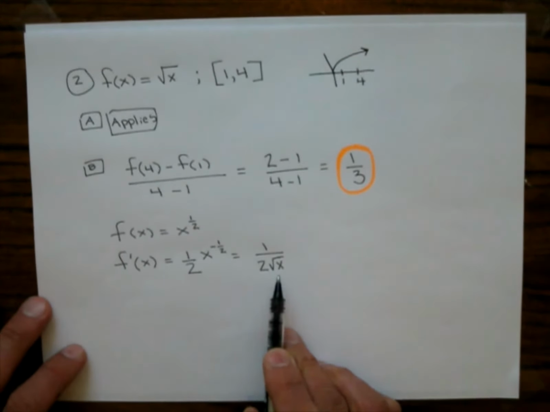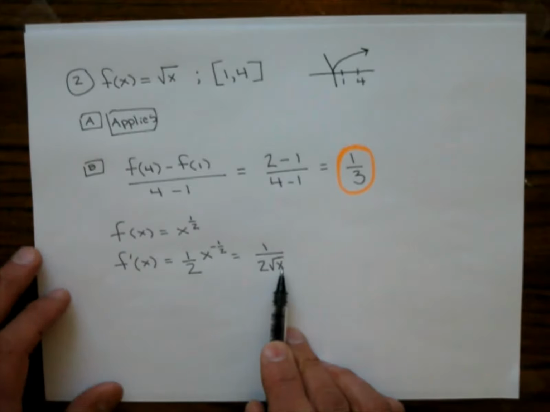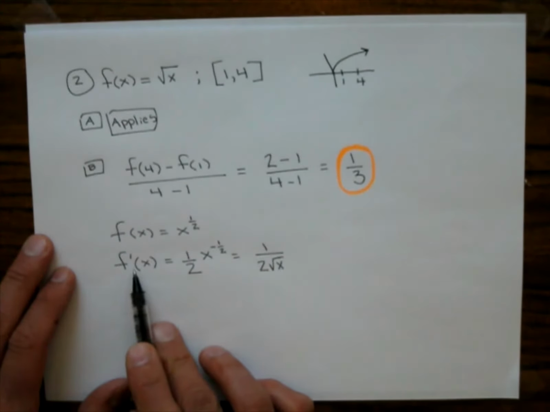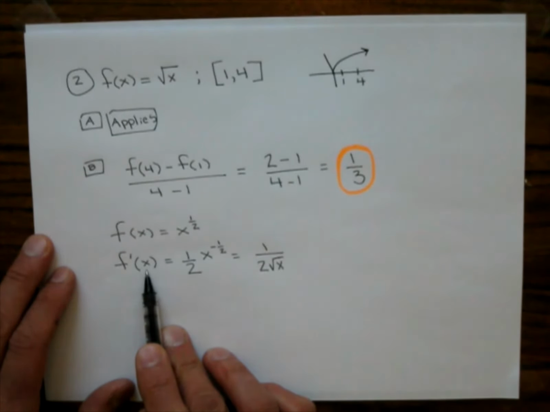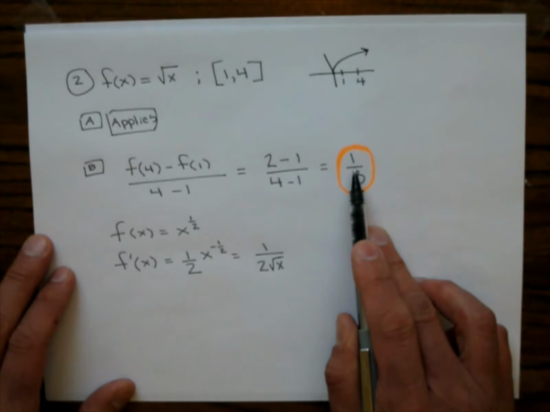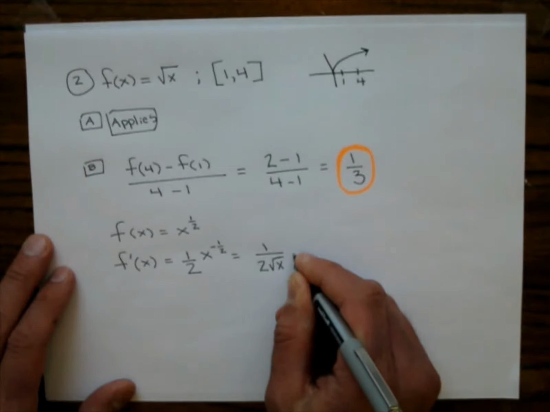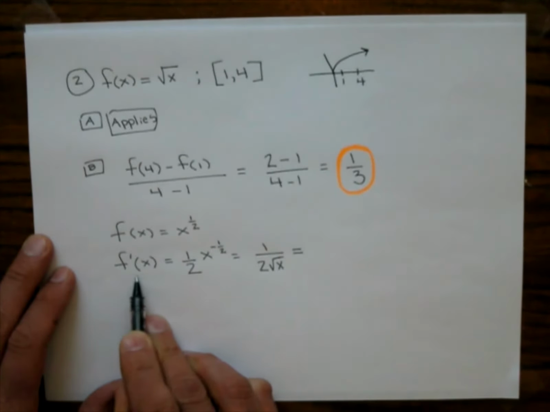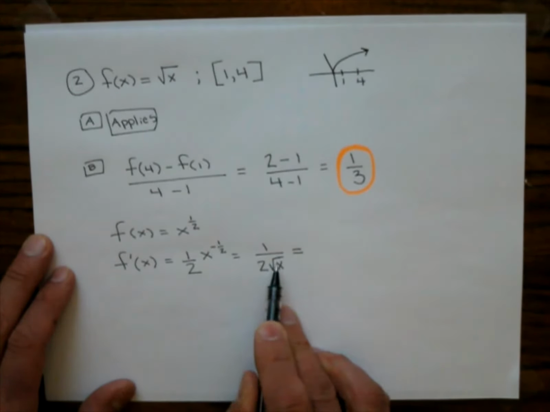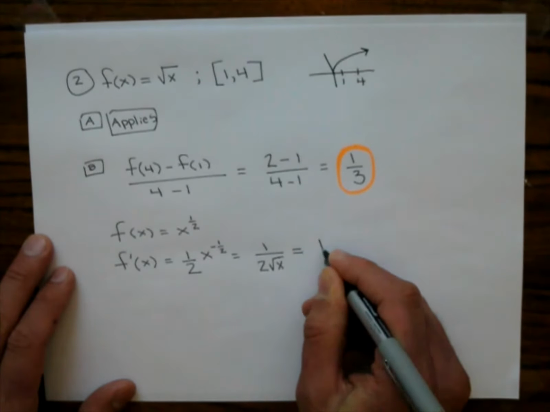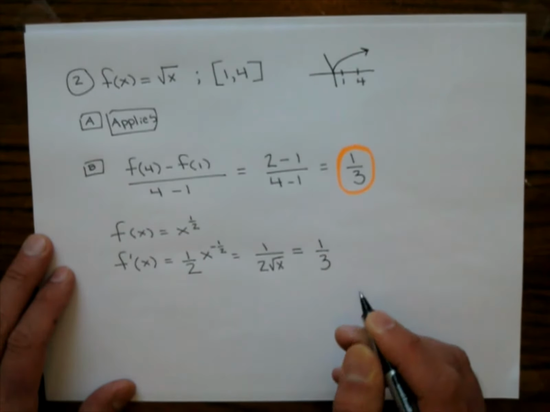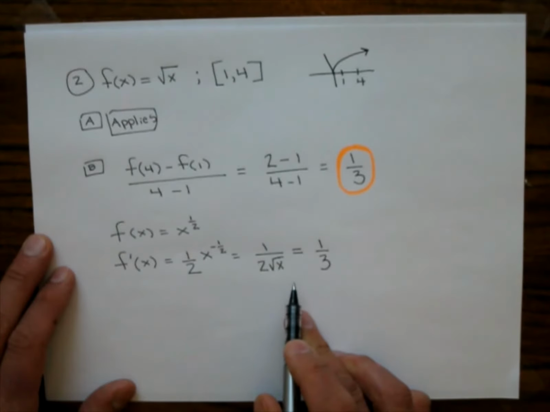Okay, so what we want to do with this is find a time in which when you put it in here it gives you 1/3. So let's try this out. What we're going to do is set the instantaneous velocity, that's f prime of x, which is this, equal to 1/3. We did something similar with bug 10, and we're going to solve for x.